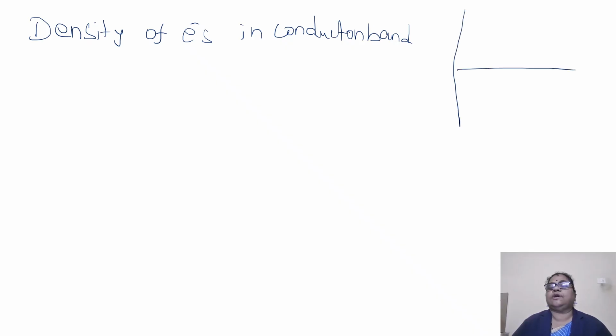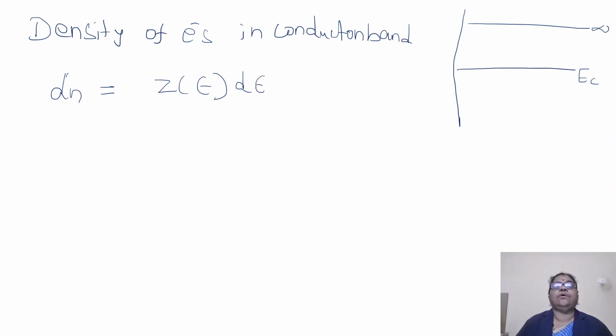This is the conduction band, with energy levels starting from Ec to infinity. We need to find the density of electrons in the conduction band, which we can express as dn = Z(E) dE f(E).